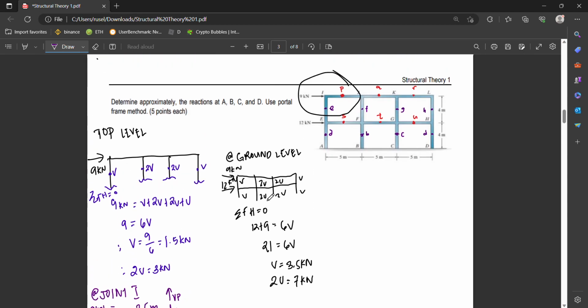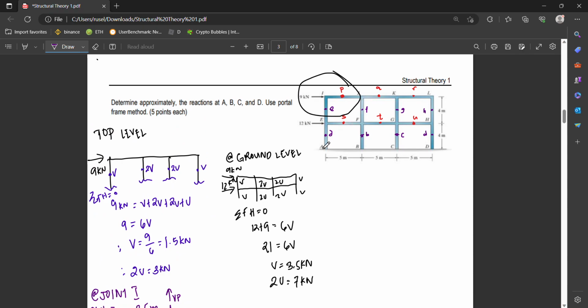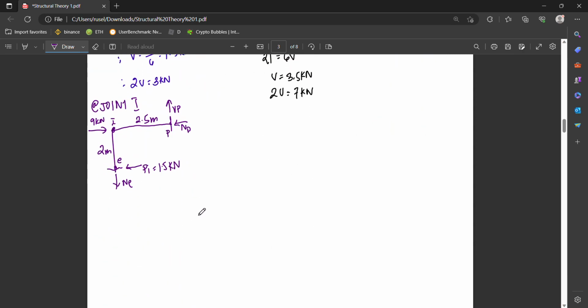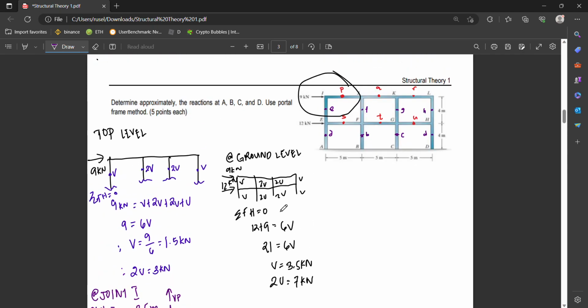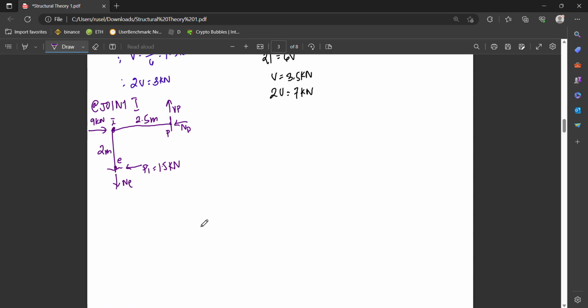Because we divided this, that is why we have 1.5 kilonewton.